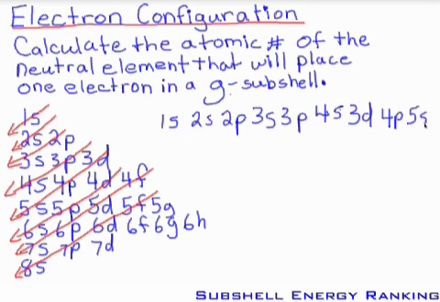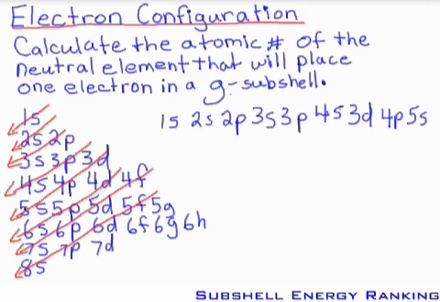Interesting to note, of course, is that 3d is higher energy than the 4s. And so we find that the shells don't just follow an energy 1, 2, 3, 4. There is some variation here that's coming out in this pattern.